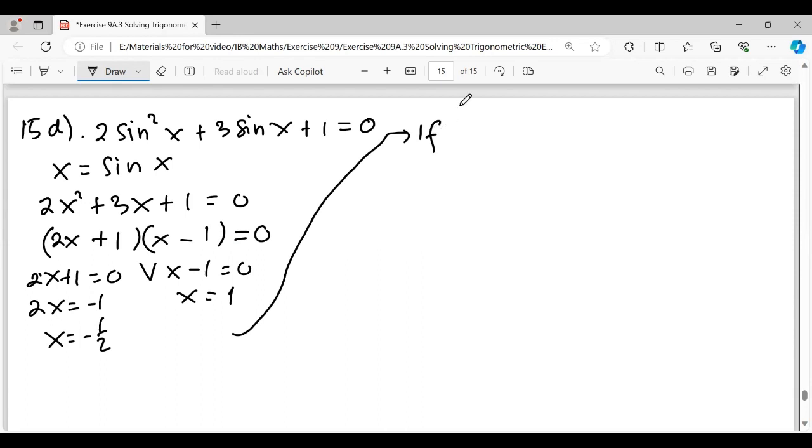If sine x equals negative half, x equals 7 pi over 6 and 11 pi over 6.